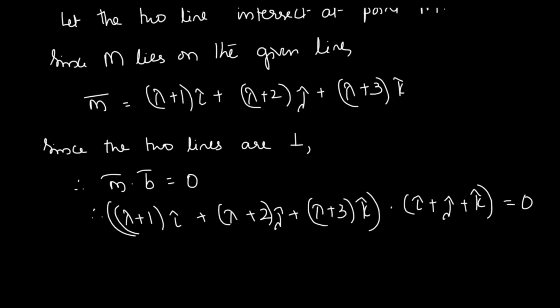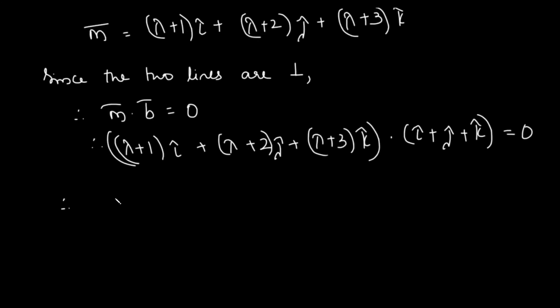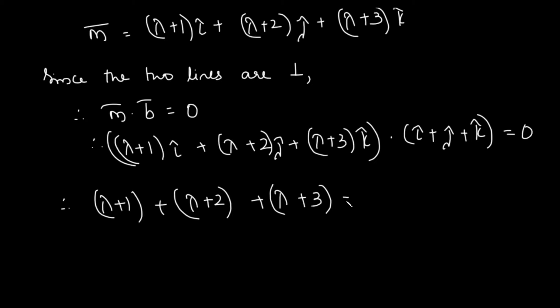After solving it, you know how to solve a dot product, isn't it? (Lambda plus 1), i dot i is 1, plus (lambda plus 2) plus (lambda plus 3) is equal to 0, and therefore we have 3 lambda plus 6 is equal to 0, and therefore lambda comes out as minus 2.